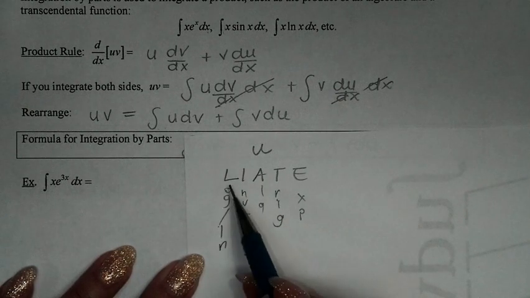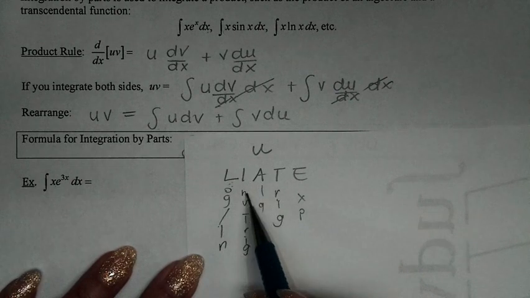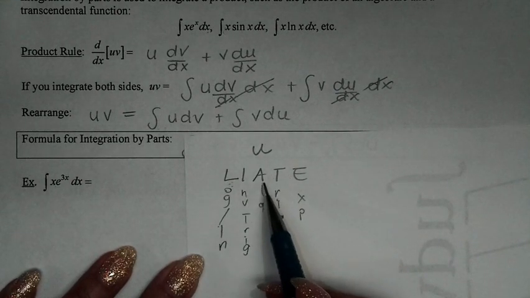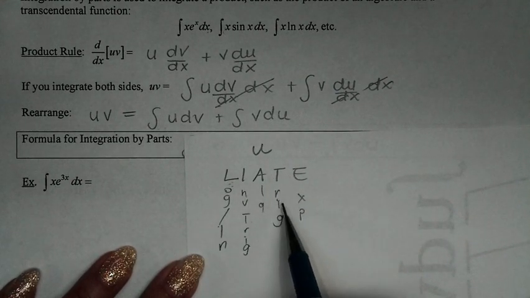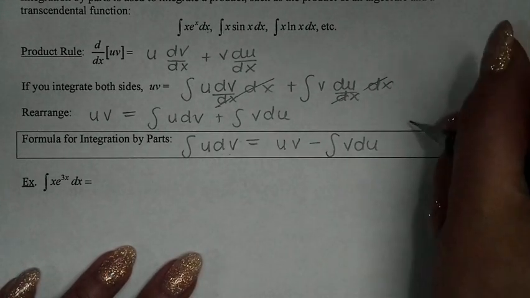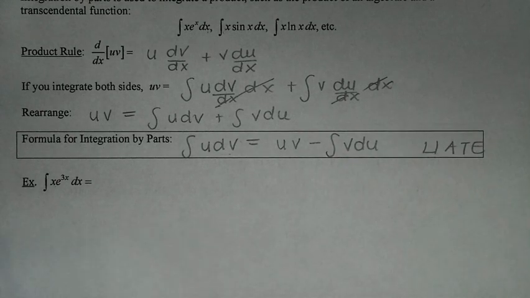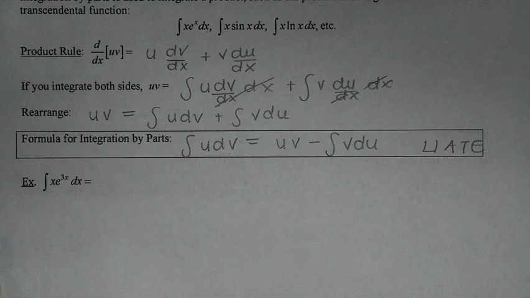So your priority is, if you see a log, that's going to be your first selection of u. If you see inverse trig, that's going to be the second highest. The third highest is algebraic expression, then trig, and then exponential. So remember that. We can write it here, so you remember that that's our code for the priority list of u's.